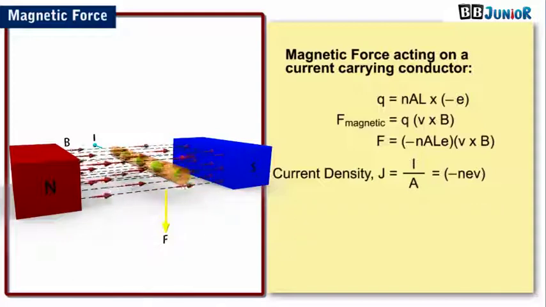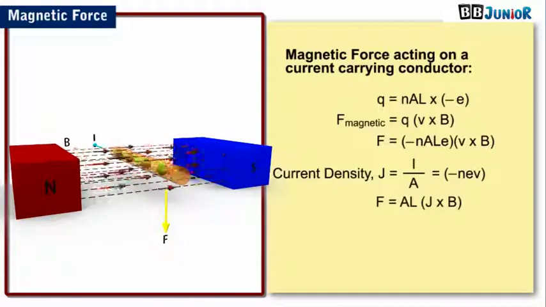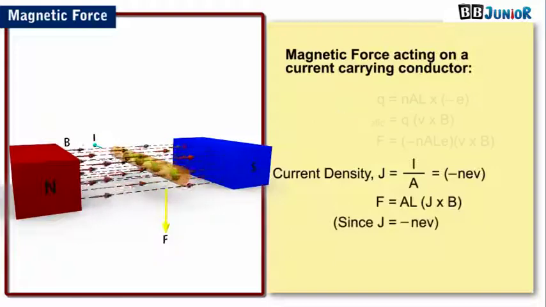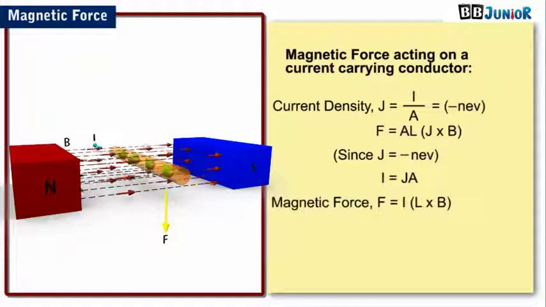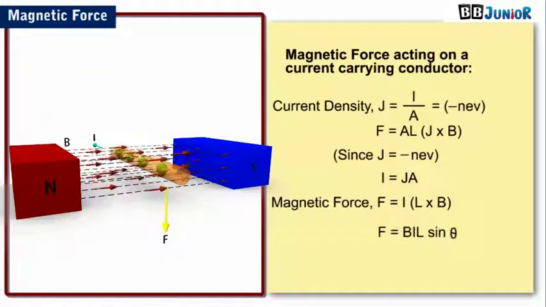In this case, the magnetic force can be written as F is equal to AL multiplied by J cross B, since J is equal to minus NeV. From the definition of current density, current I is equal to J multiplied by A. Then the magnetic force F is equal to I multiplied by L cross B, which can be written as F is equal to BIL sine theta.